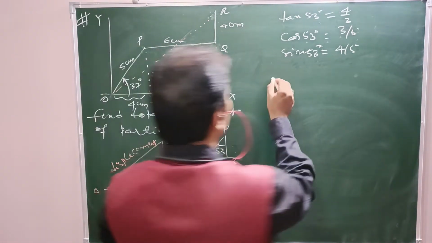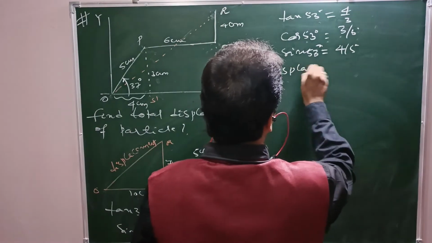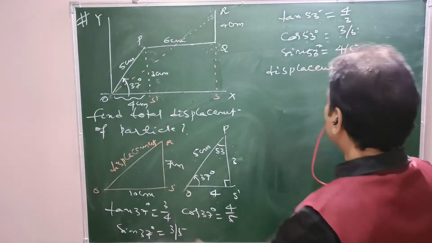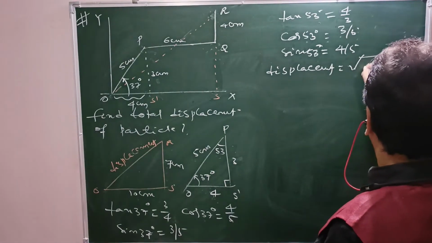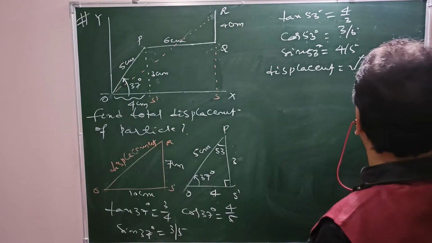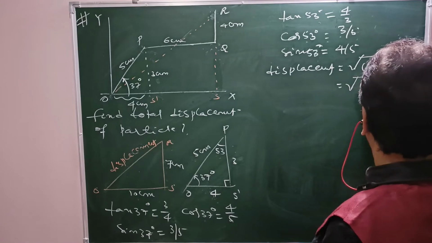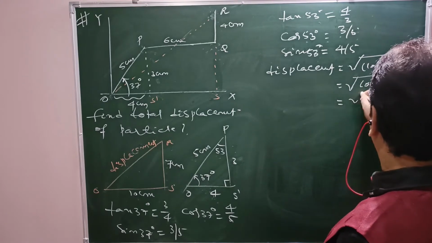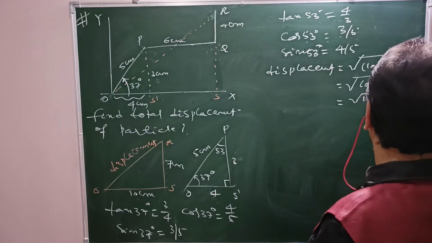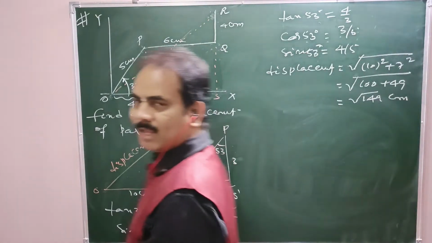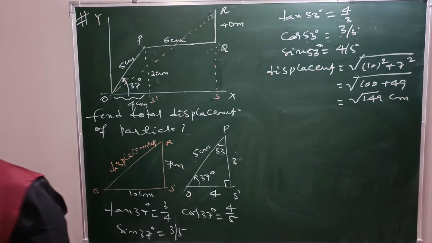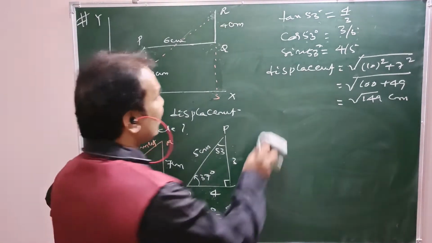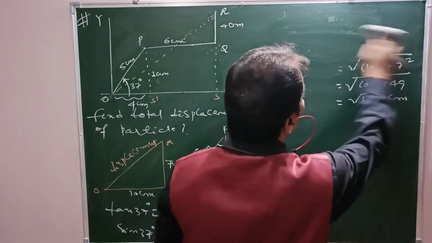So displacement equal to root over 10 square plus 7 square, that is root 100 plus 49, that is root 149 centimeters. Right? Okay.